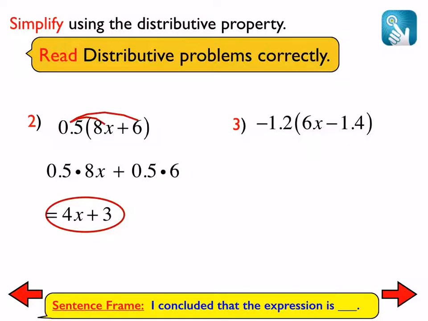I concluded that the expression is negative 7.2x minus 1.68. Anybody disagree with that? She said negative 7.2x minus 1.68.